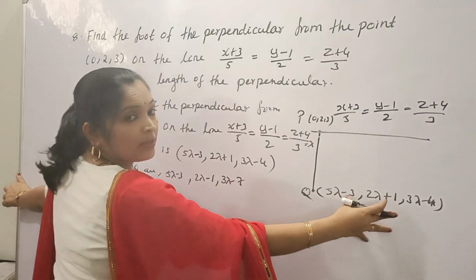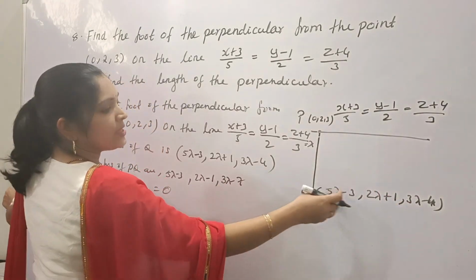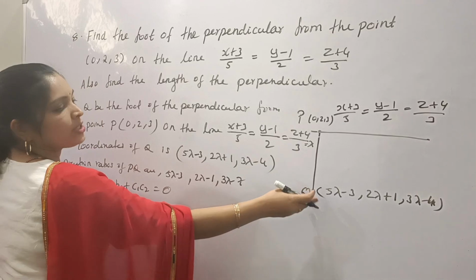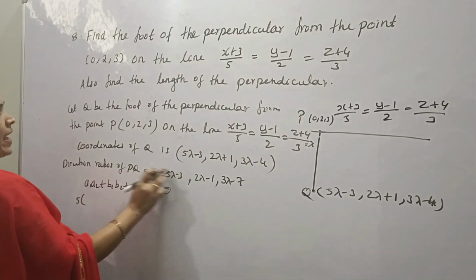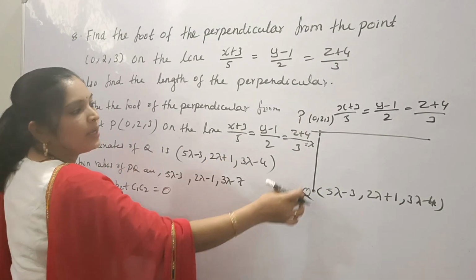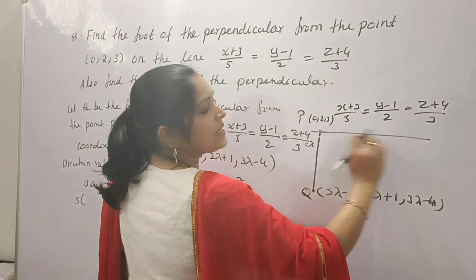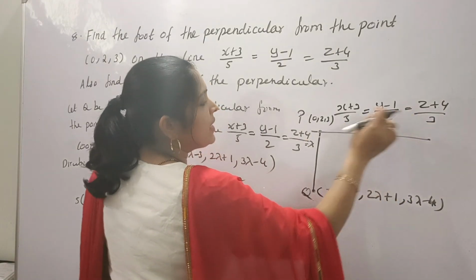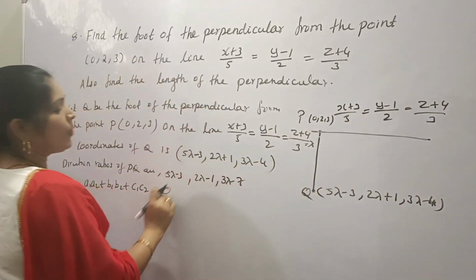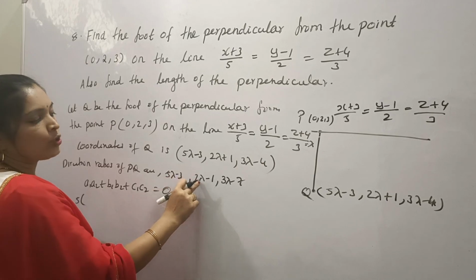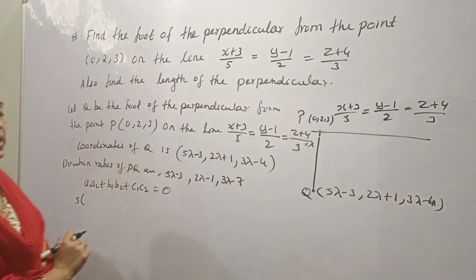Direction ratios of the line are 5, 2 and 3. Direction ratios of PQ are 5 lambda minus 3, 2 lambda minus 1, 3 lambda minus 7.